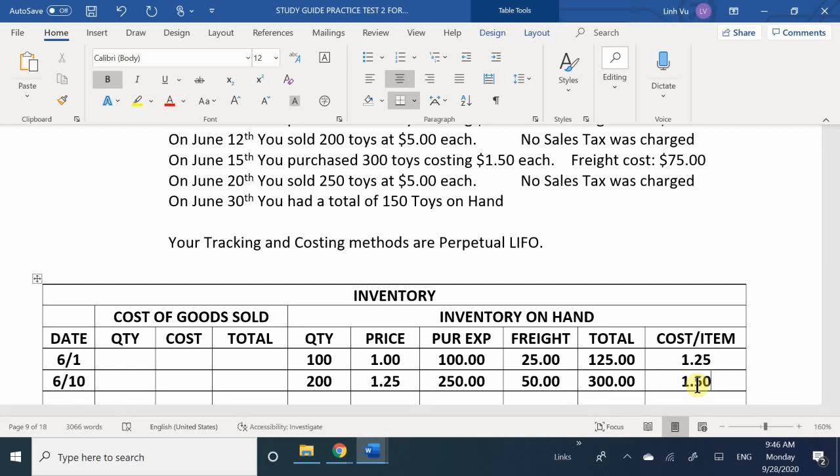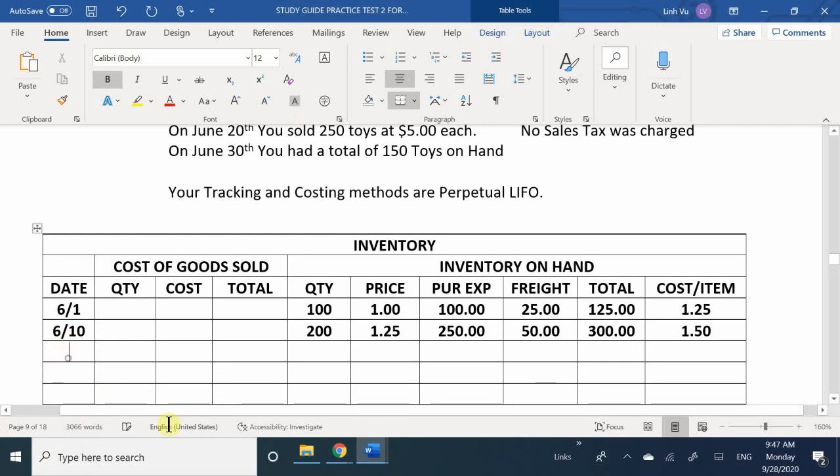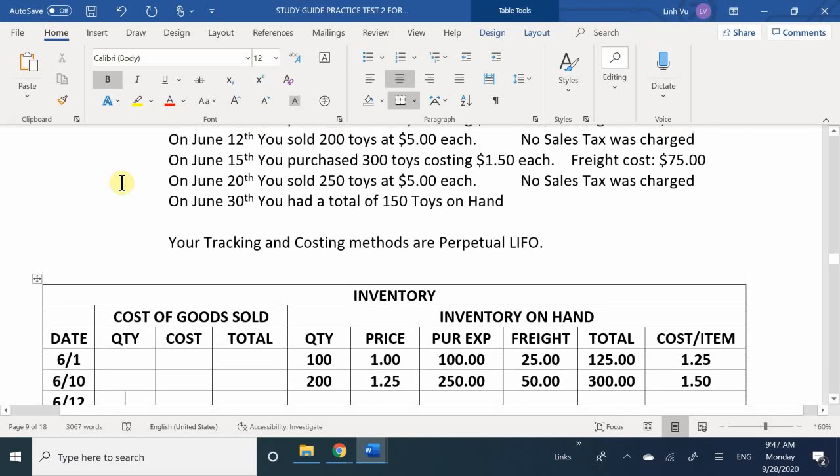All right. So then what happened on June 12th? That's fine. We also refer to it as COGS as well. So we sold 200. Is that correct? So June 12th. Let me double confirm.